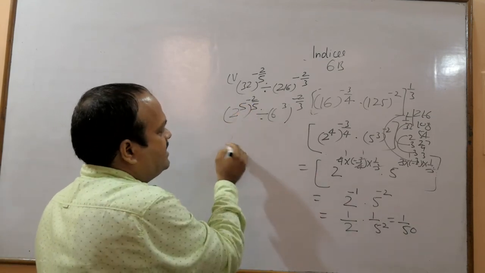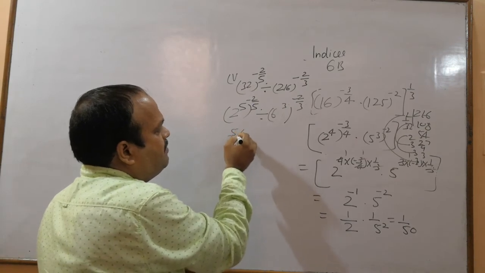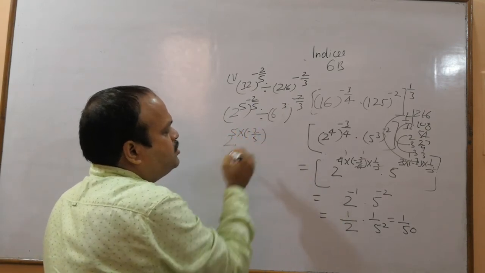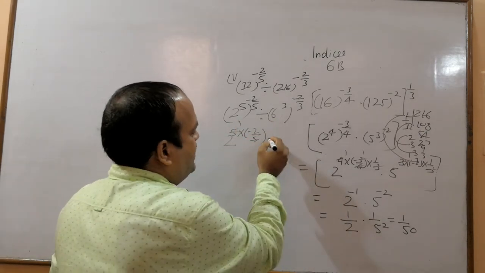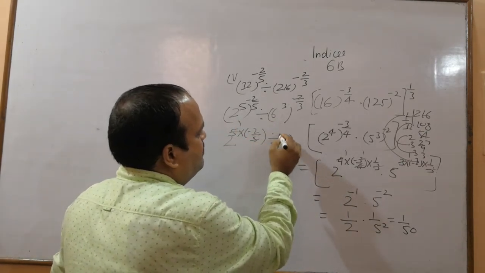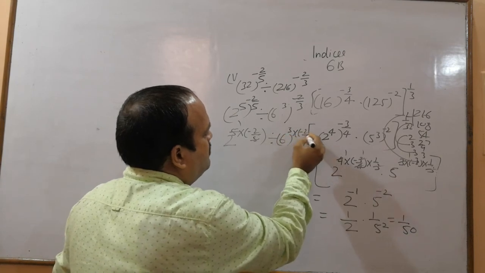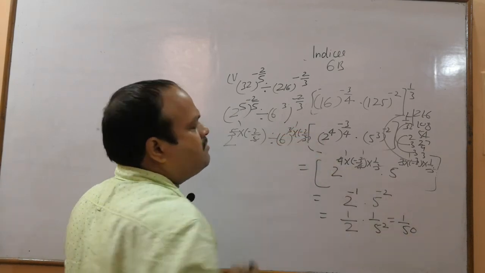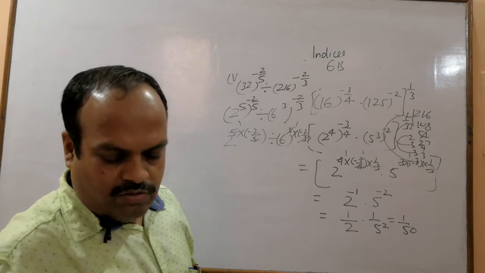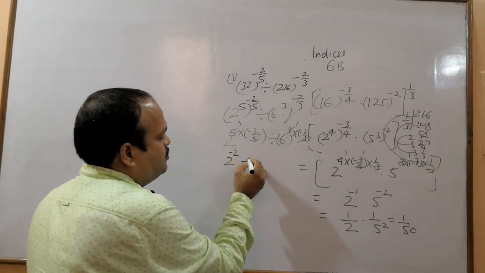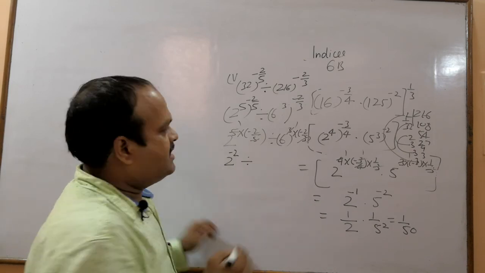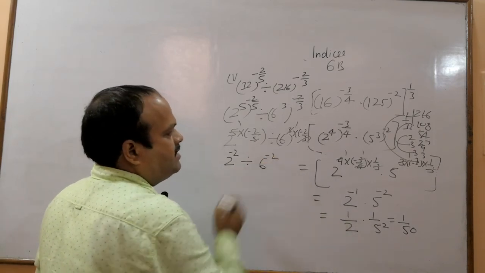So here you will be writing 2 to the power 5 into minus 2 by 5, divided by 6 to the power 3 into minus 2 by 3. Now you cancel out. So we get here 2 to the power minus 2 divided by 6 to the power minus 2.